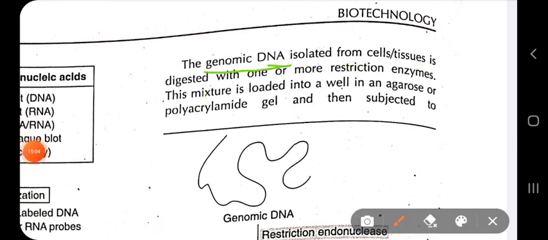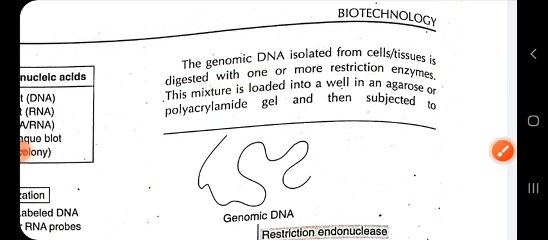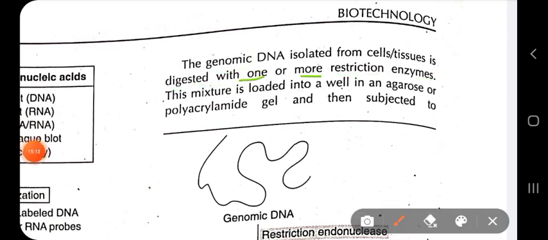With the help of one or more restriction enzymes, we digest the genomic DNA. Restriction enzymes identify a specific sequence in the DNA and cleave at that site or near it.